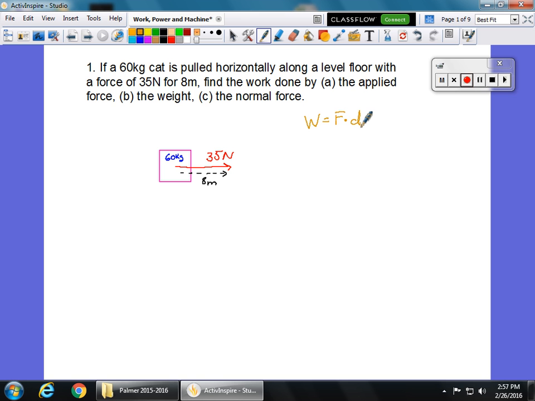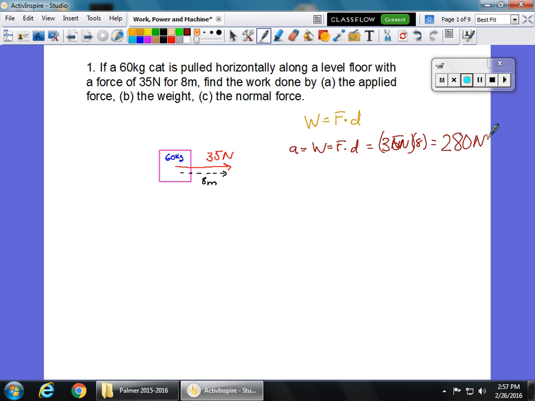So in this case, let's start with A. A is going to be work equals force times distance. Well, we need to multiply the applied force, which it tells us is 35 newtons, by the distance, which is 8. That's going to give you 280 newton-meters. So that is our applied.